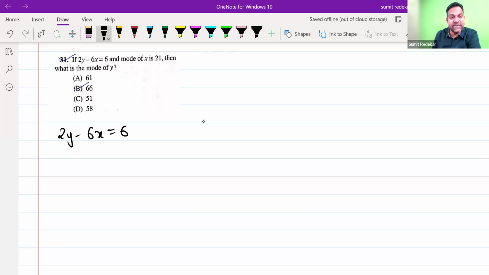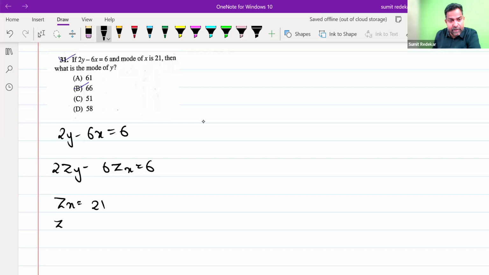Well, if 2y minus 6x is 6, then 2 times the mode of y minus 6 times the mode of x is also 6. They want you to find the mode of y. I know the mode of x is 21.